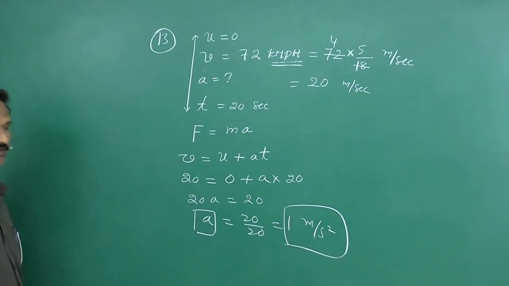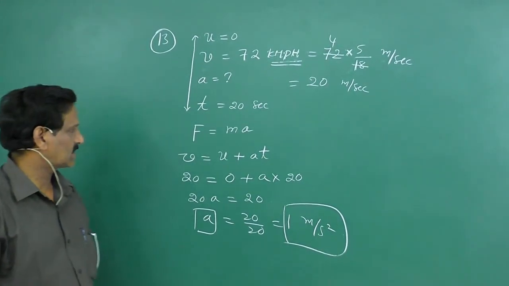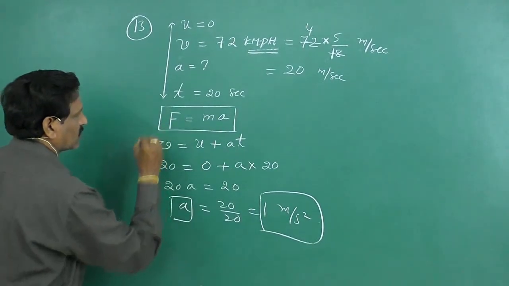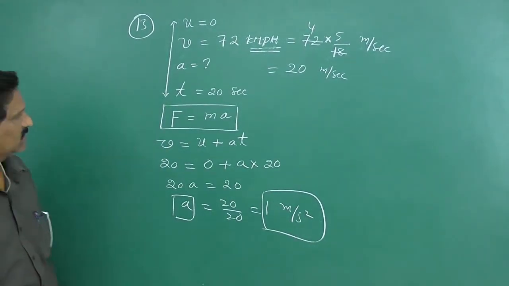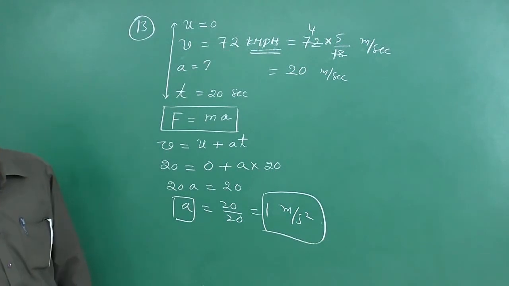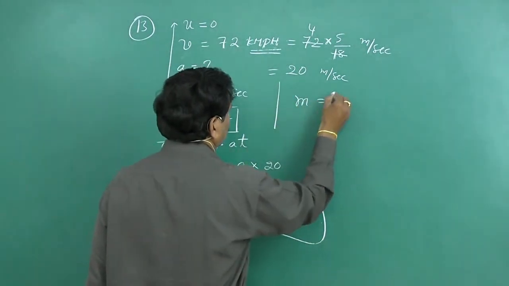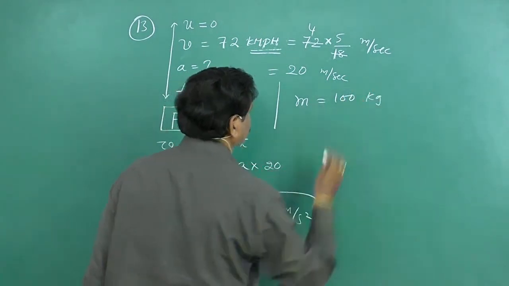In this way, we first calculate acceleration, then by substituting acceleration in this formula, we get the force exerted by the engine. Mass is given as 100 kg.